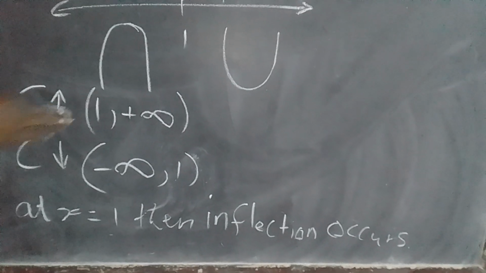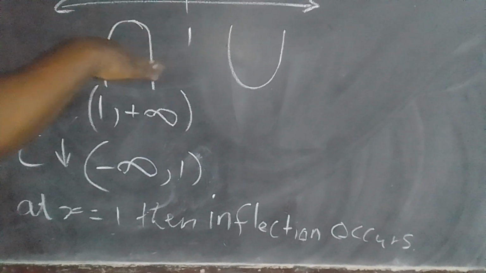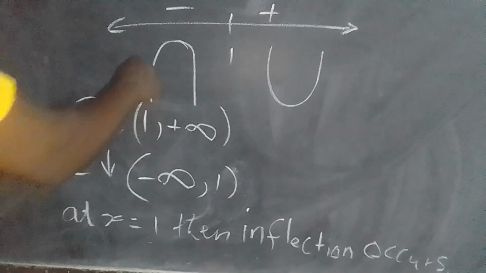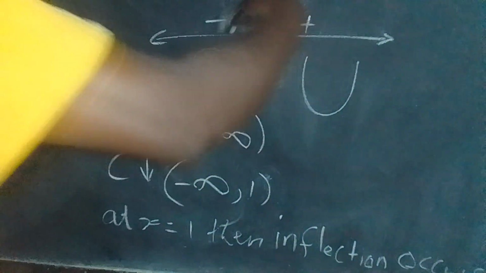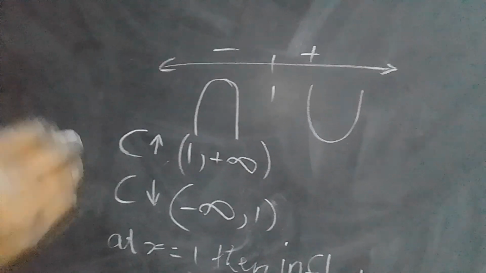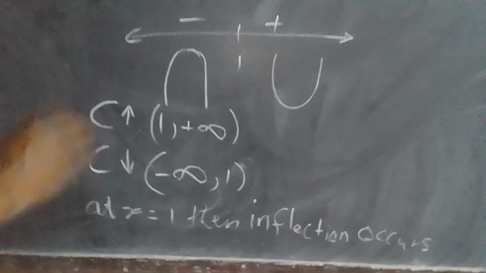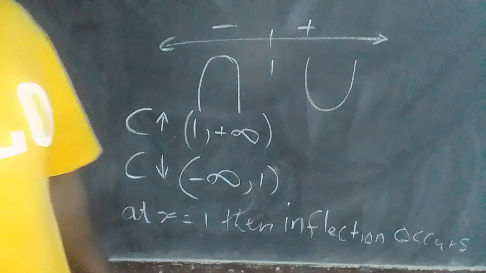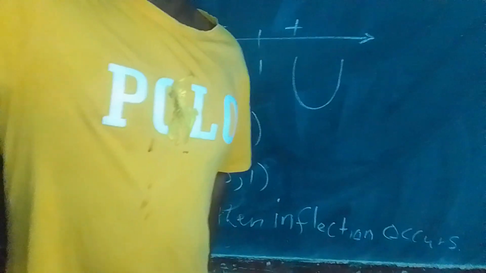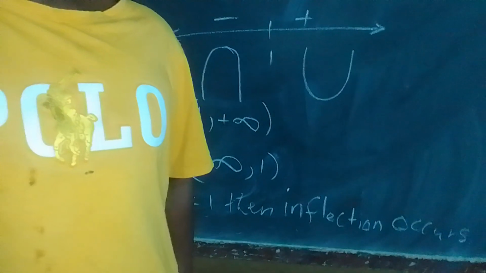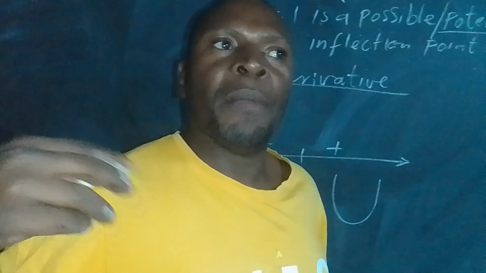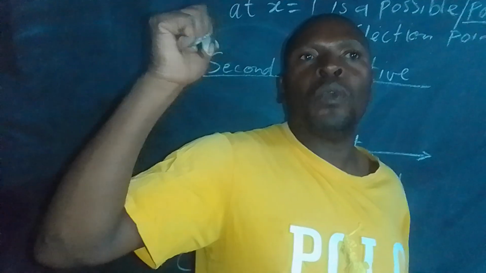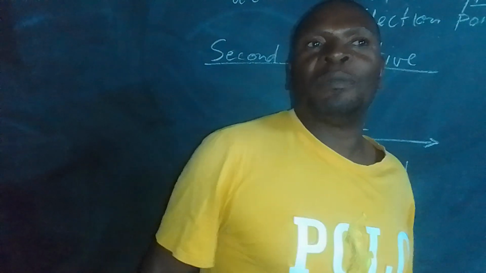It occurs at 1 because we have proven that the change of concavity takes place. When the change of concavity does not take place, then there is no inflection point. We will see the next videos as we go through the previous question papers to check the examples to see how we go about solving the problems.